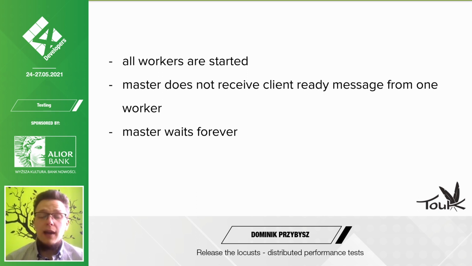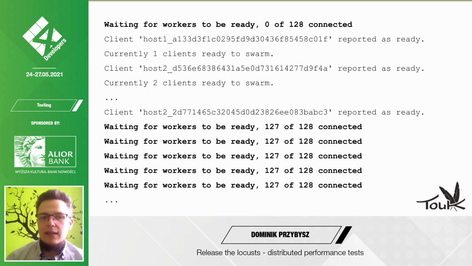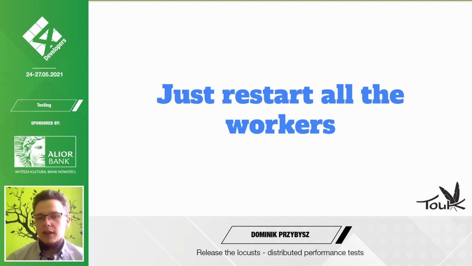In such a situation, master waits forever. Of course, we have some wait times implemented in Ansible, but this wait time was in minutes, not in seconds. Master will report that it's waiting for one connected worker to be ready. There is no point in looking for which worker didn't connect. Instead, when you have a big number of workers, just restart all the workers and run the test again.